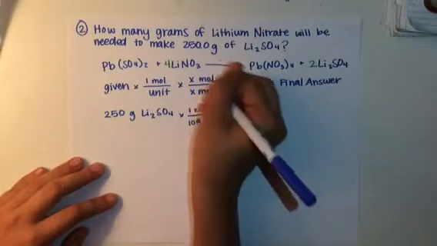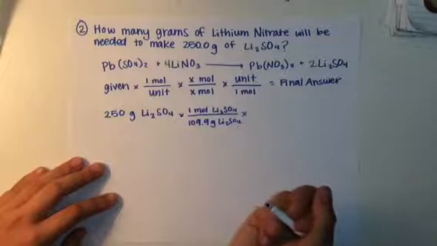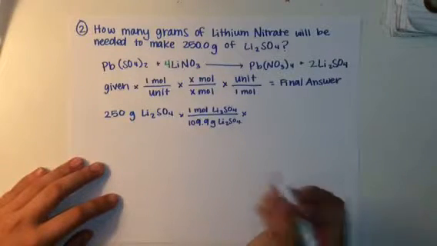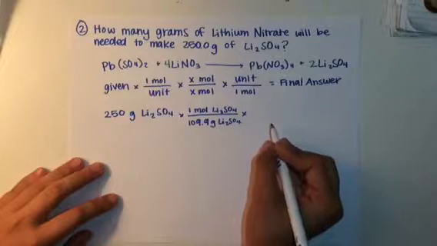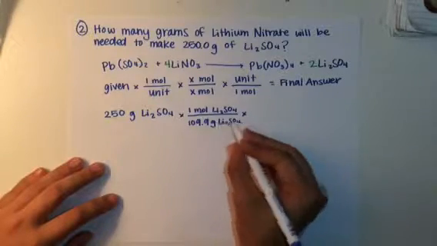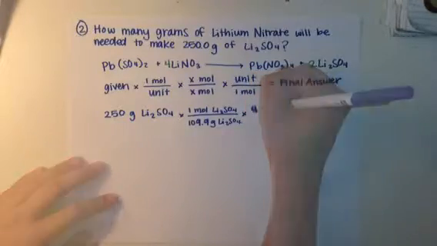Then we're going to use x moles over x moles, so it's going to be the mole ratio. Now this is where the mole ratio actually matters. So we have to start using lithium nitrate. So now lithium nitrate is going to go on the top, and we have 4 moles of lithium nitrate. So that's what's going on top.